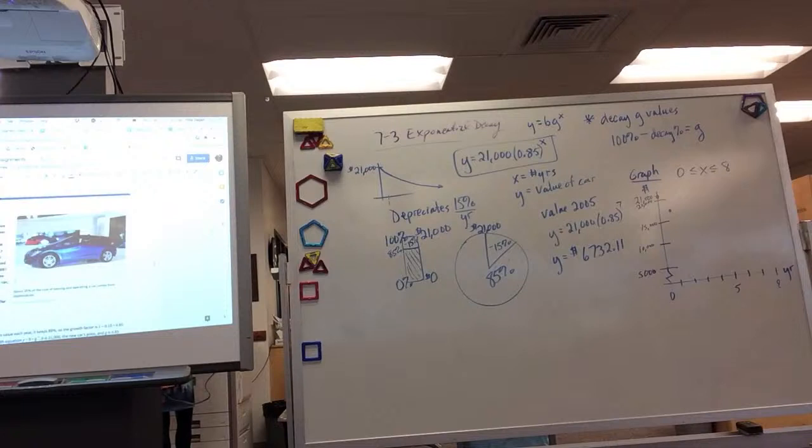So if this is 5, that's 7. So every line is 2. So that should be 9, 11, 13, 15, 17, 19. That'd be 21. And then followed by 5. That's another one, that's 2. And then go up this. 15.